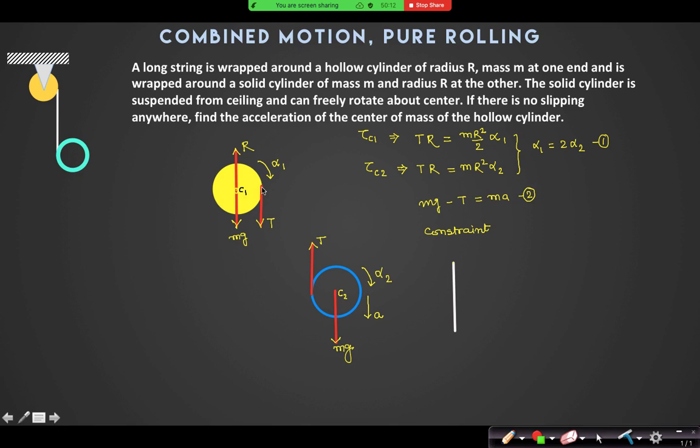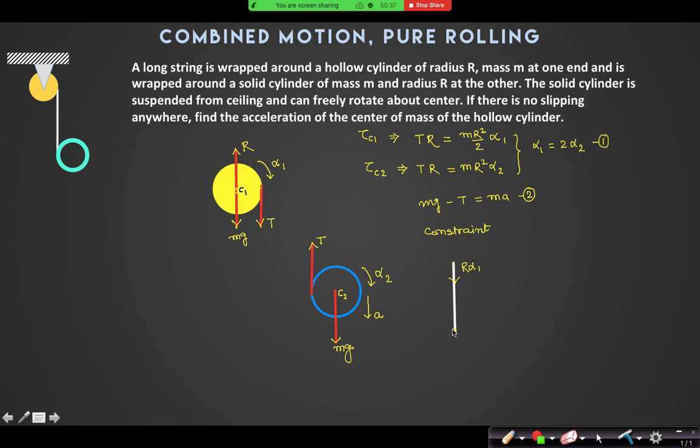That will be R alpha 1, downward. And what is the acceleration of this bottommost point of the lower cylinder?